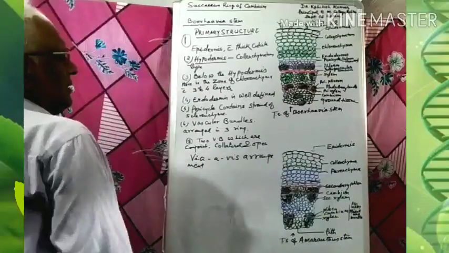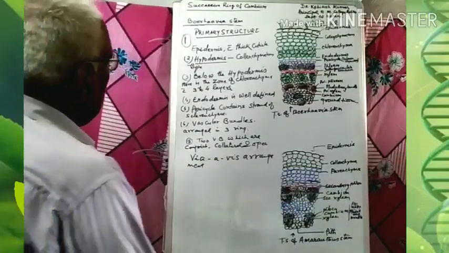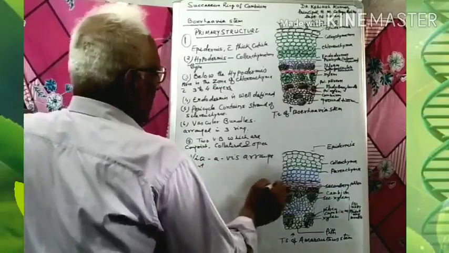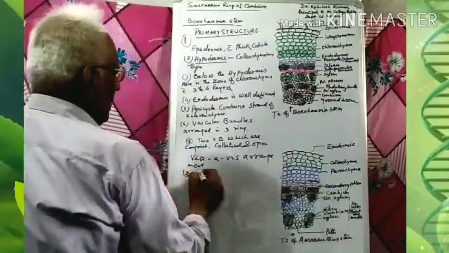Vis-a-vis arrangement means face to face arrangement. The first layer. The second layer is the ring.